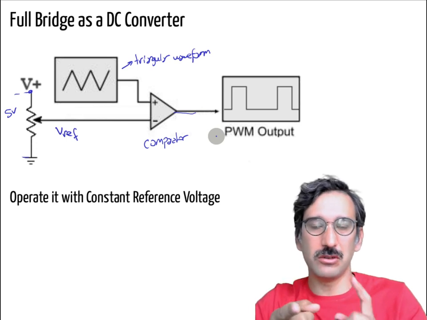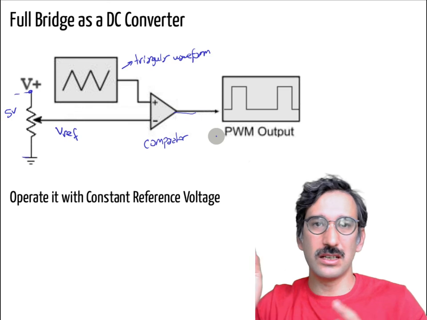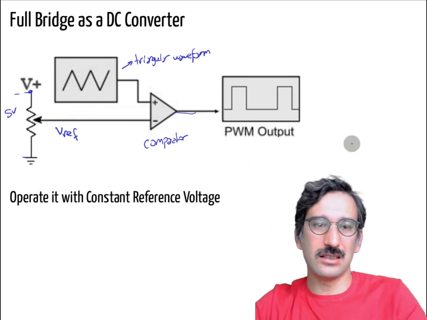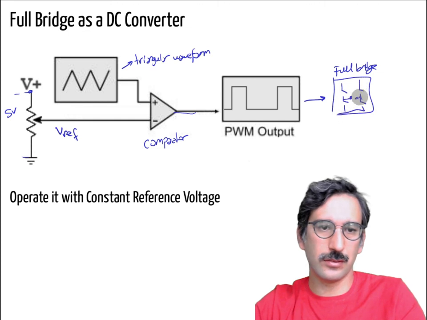So you have on and off signals, and the output can be applied to your transistor switches. So you have a full bridge converter here. Okay, then you have the output.